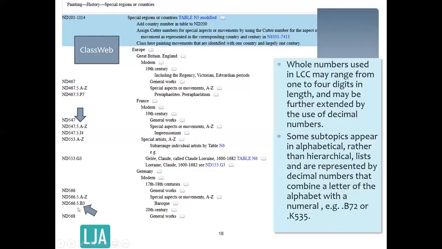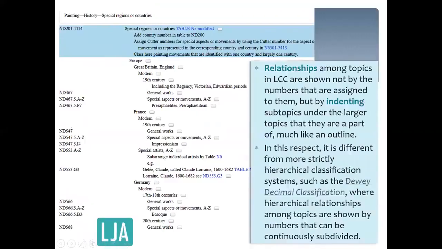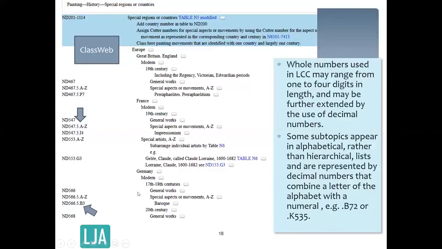And we look at our subject headings and that's what it comes out to. And then we can just put that in, and look and search, and lo and behold, we have exactly what we need right here. We have that ND 566.5.B3. And so that would be our base call number. That would be what we'd start with.